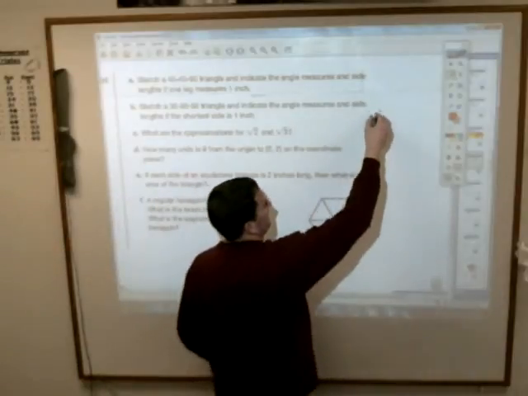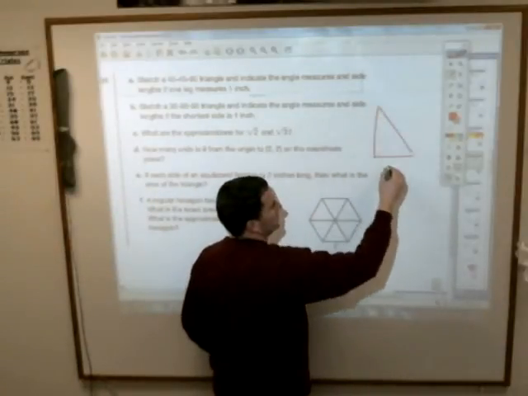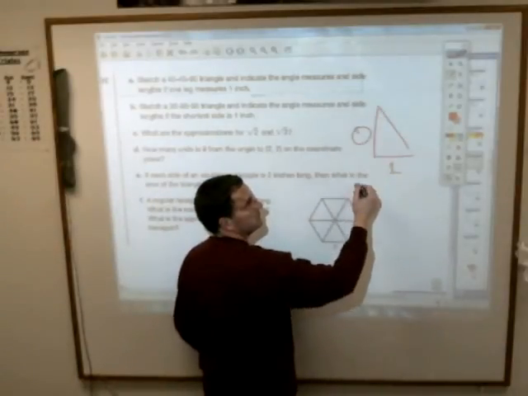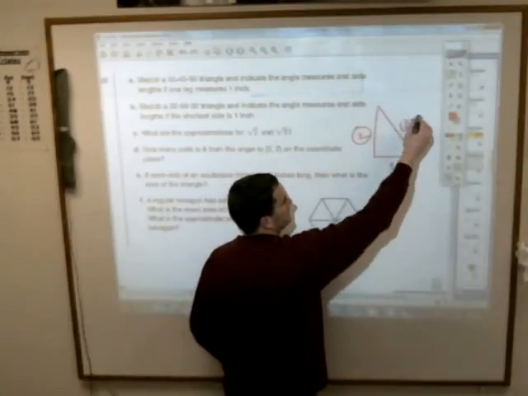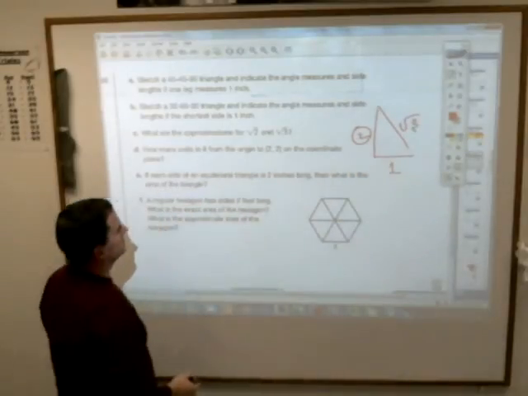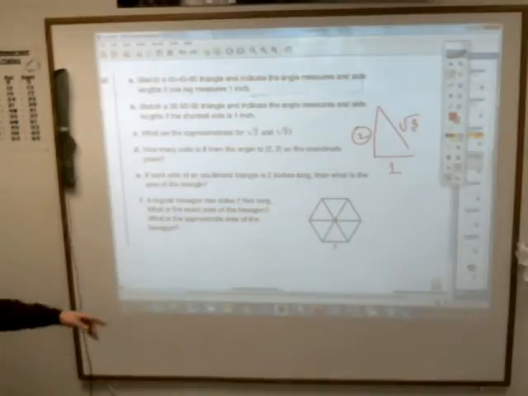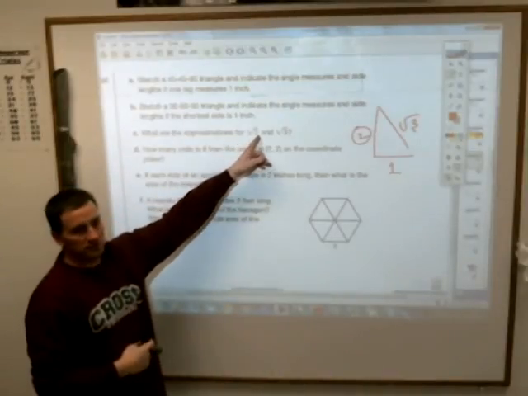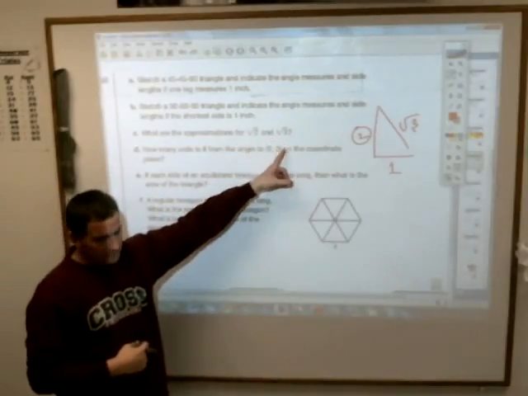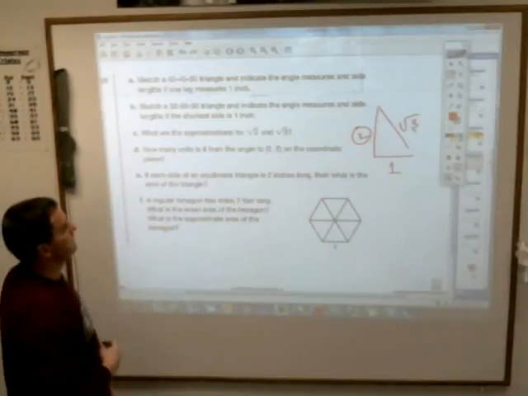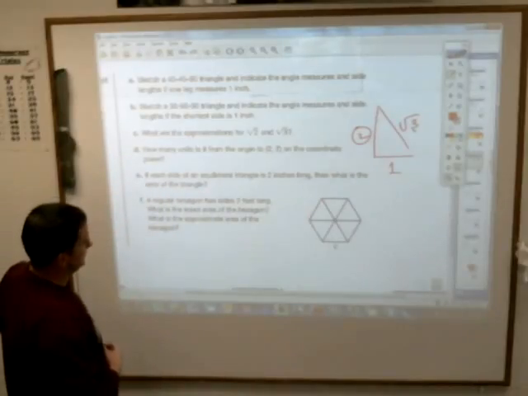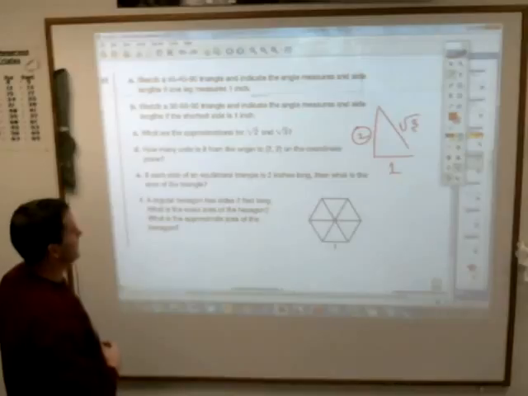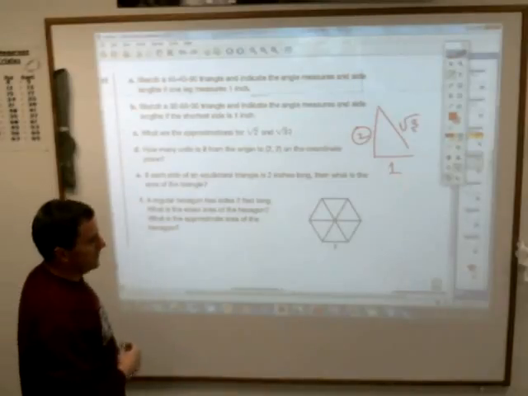If the short side on a 30, 60, 90 is 1 inch, what is this side? 2. And this side is square root of 3. Oh, look what they asked you. What are the approximations for the square root of 2 and the square root of 3? 1.414, 1.7. Alright, that's enough of that.